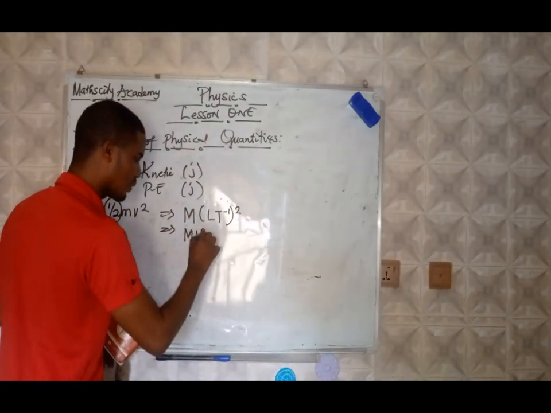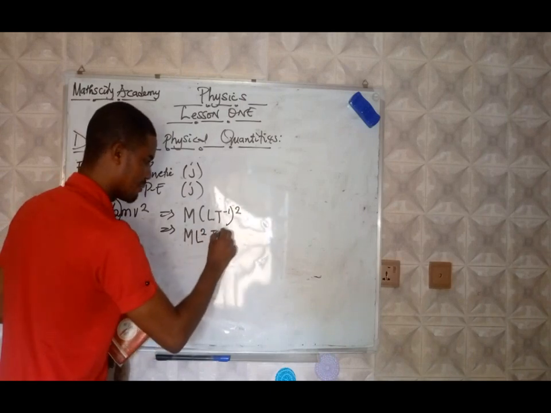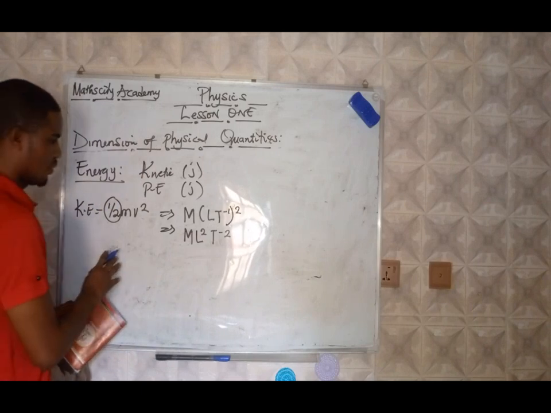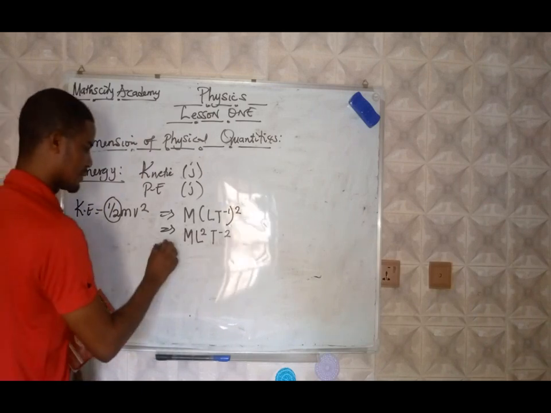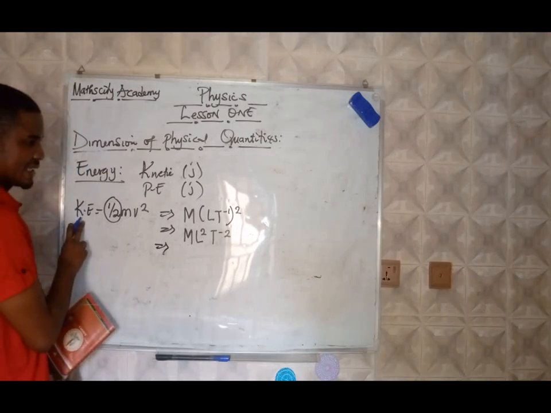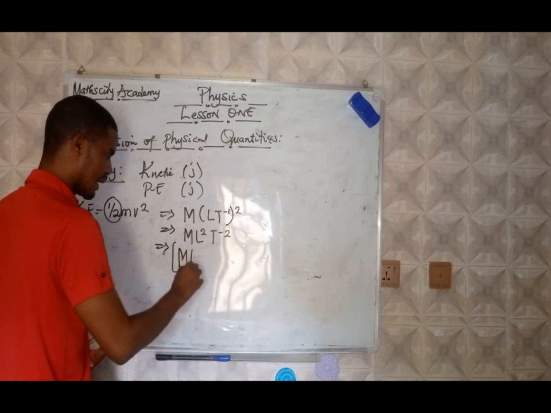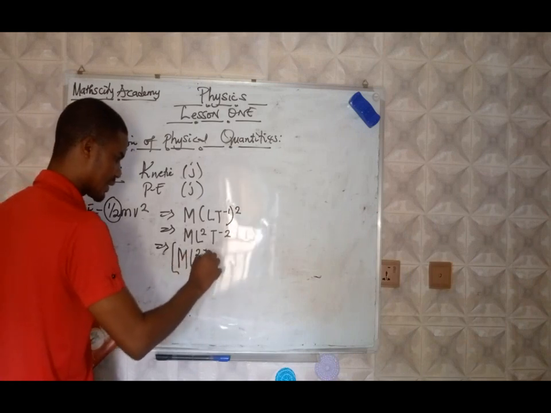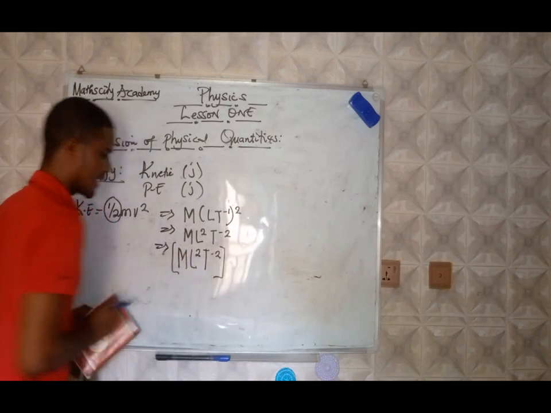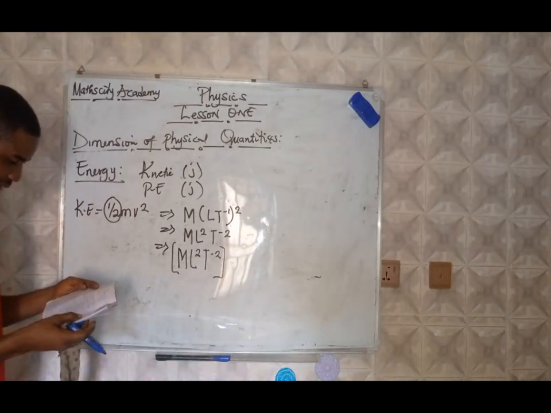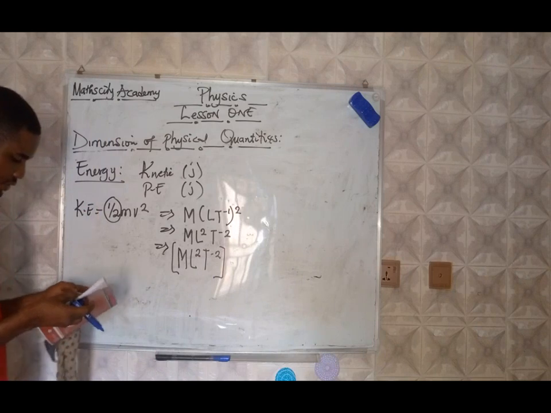I have L squared T minus 2. Are we there? So the dimension for kinetic energy becomes M L squared T minus 2. That is the dimension for kinetic energy.